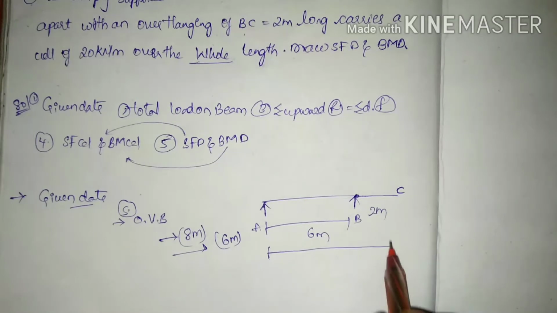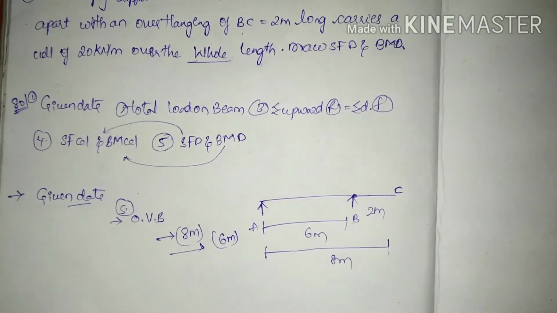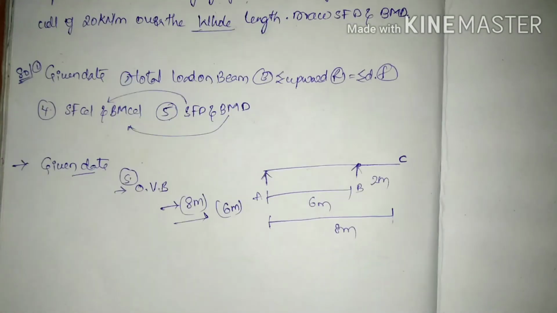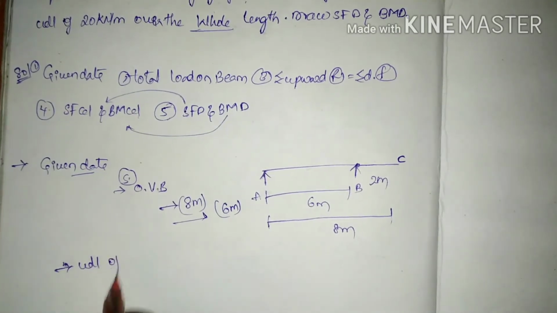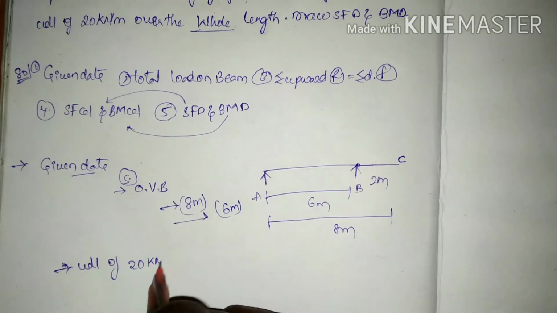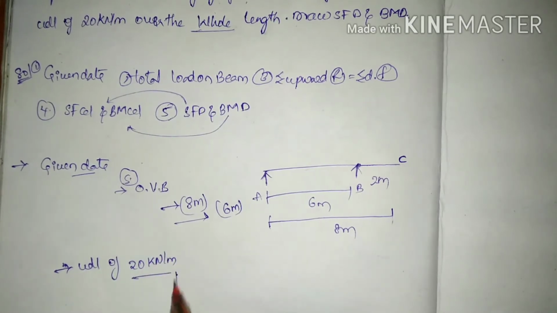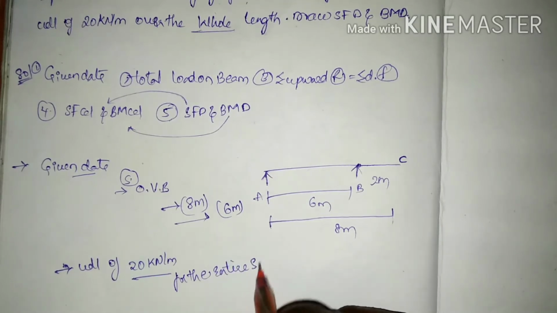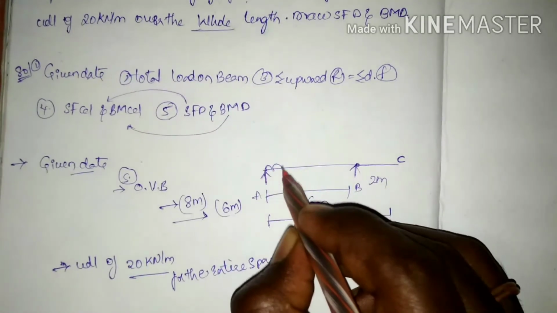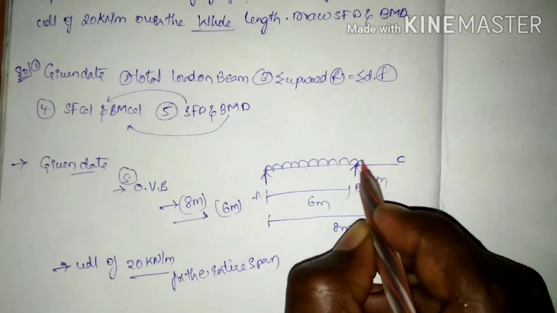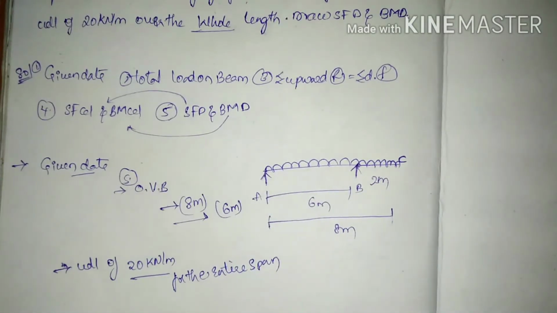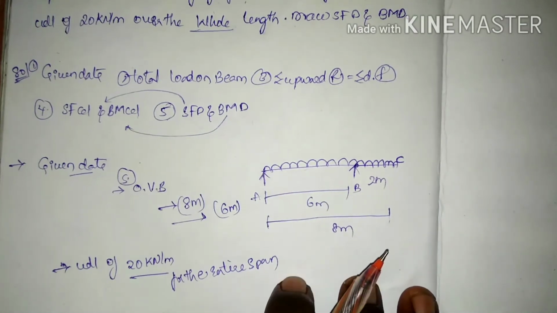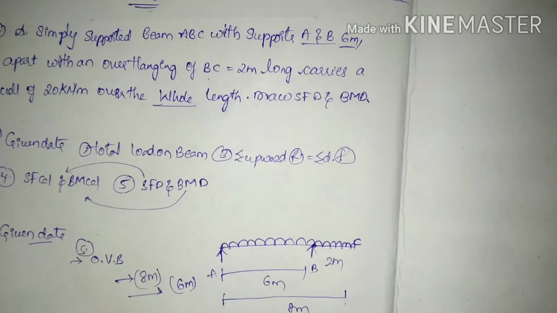The total span of the beam will be 8 meters. Next, we have a UDL of magnitude 20 kN per meter acting for the entire span, including the overhanging part. For this we are going to draw the shear force diagram and bending moment diagram.